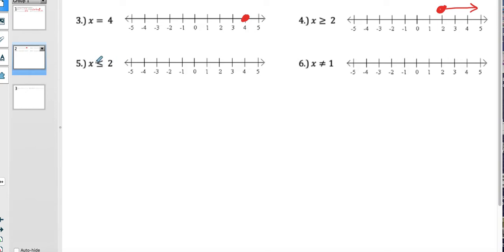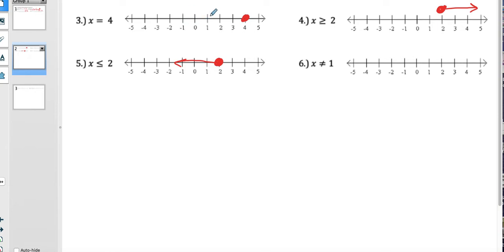On example number 5, it says x is less than or equal to 2, and so in this particular example, we want to have a closed circle again, and I want values smaller than 2. So again, sometimes it's hard to see on the number line itself.